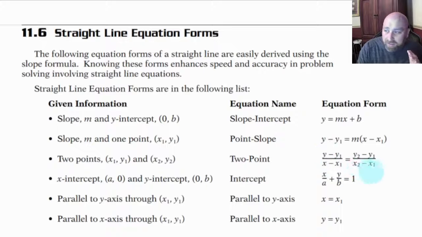I think you know that one. We've been practicing with it. The intercept form is probably the newest one for you, so make sure that it always equals 1. And then the parallel lines: is it parallel to the x, parallel to the y? That's how you would write that. Those are all very important things for you to know going forward in this pre-calculus class.